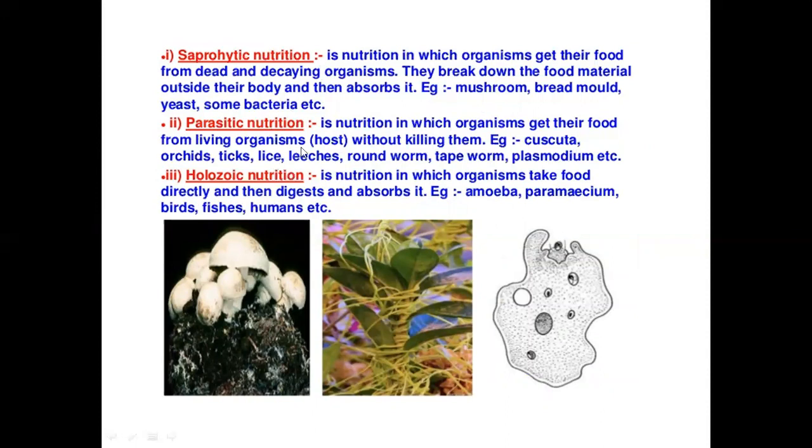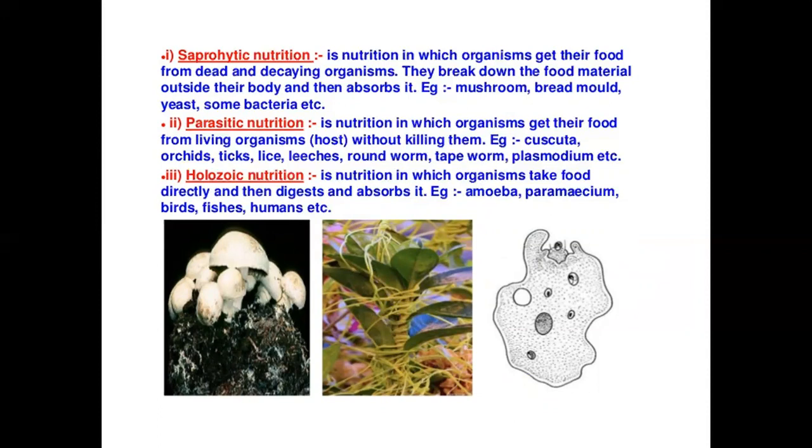Now, parasitic organisms could be found inside the body or outside the body. Those which are found inside the body are called endoparasites, and those found outside the body are ectoparasites. Here we have this thread-like thing wrapped around a plant. This thread-like thing is Cuscuta, which is a plant parasite.